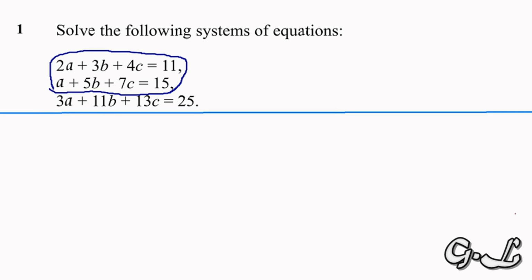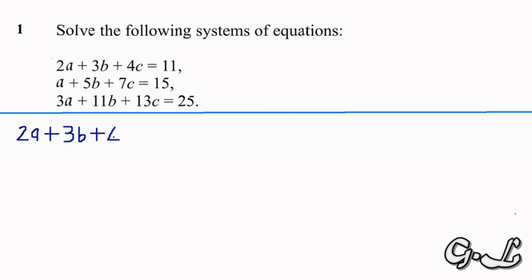We are first going to select 2a plus 3b plus 4c is equal to 11, and we're also going to select this one, which is a plus 5b plus 7c is equal to 15. We're going to select these two equations.